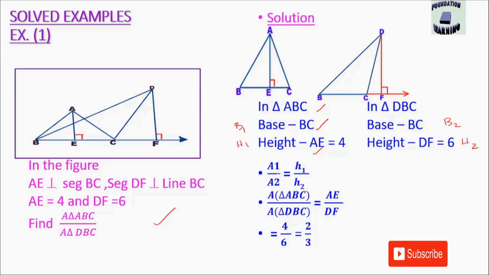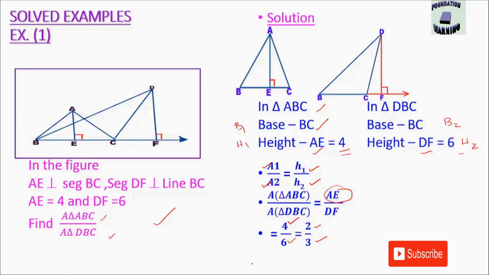So in order to find the ratio of the two triangles, triangle ABC upon triangle DBC, we are using the formula A1 upon A2 is equal to H1 upon H2. H1 is AE, which is 4. And DF is 6. After cancellation, you're getting 2 upon 3.